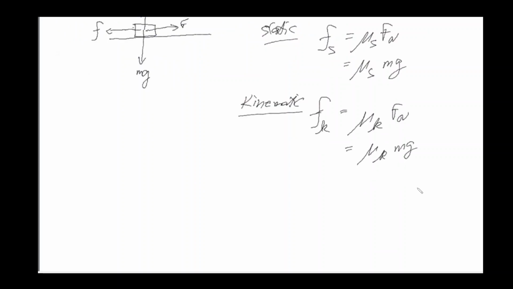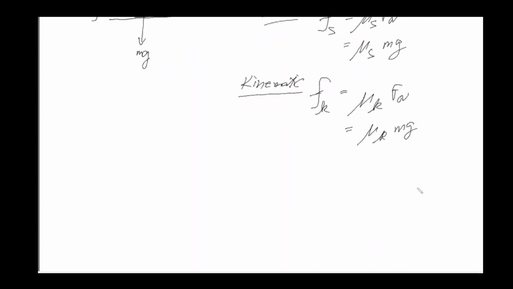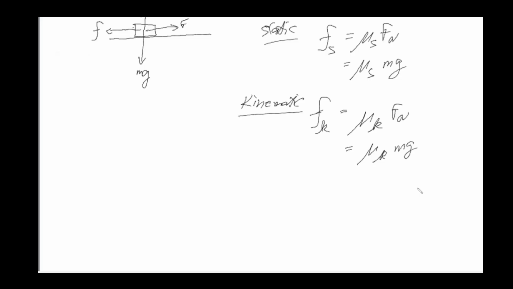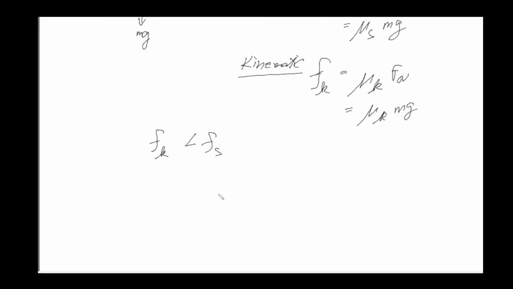And once the block starts moving, the kinematic friction is less than the static friction. So as soon as the block starts moving, you can actually reduce the force that you need to keep the block moving at a constant velocity.